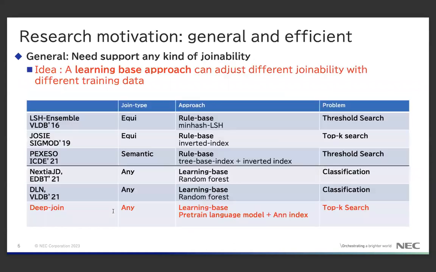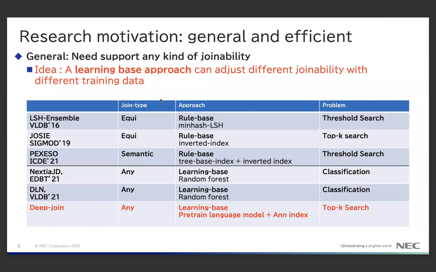The motivation of this research is that we want to propose a general and efficient solution. First, general means we need to support any kind of joinability. Among the related works with different approaches to joinable table search, we can see that rule-based approaches can only support one kind of join type or one similarity between records.